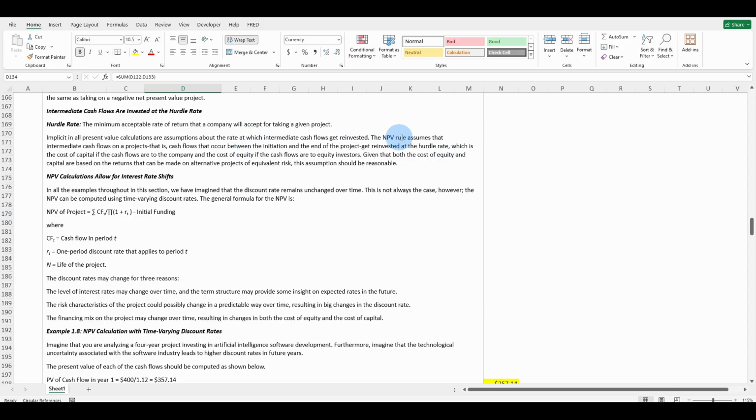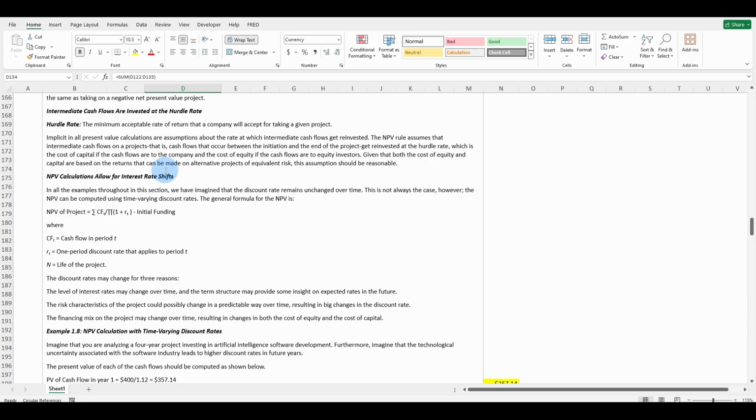The net present value rule assumes that intermediate cash flows on a project, that is, cash flows that occur between the initiation and the end of the project, get reinvested at the hurdle rate, which is the cost of capital if the cash flows are to the company, and the cost of equity if the cash flows are to equity investors. Given that both the cost of equity and the cost of capital are based on the returns that can be made on alternative projects of equivalent risk, the assumptions should be reasonable.